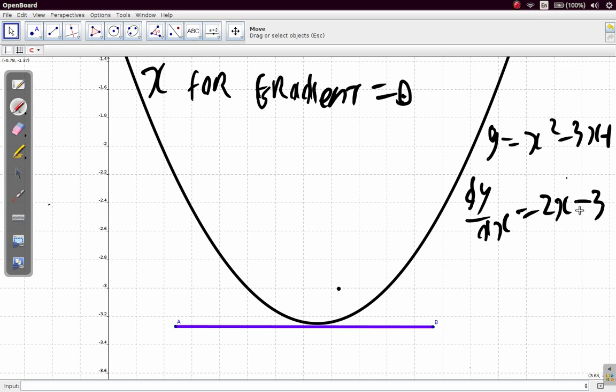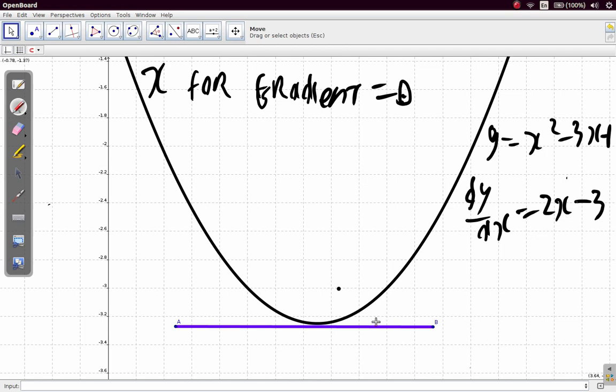That's the derivative. All you need to do now is put 2 into this equation. If you say 2 by 2 minus 3, it will give you 4 minus 3. Oh, not 2. My mistake. It's not that you would do. We have the gradient function here, 2x minus 3.